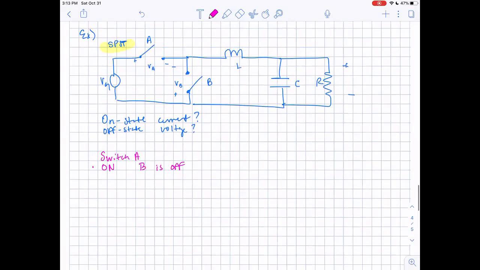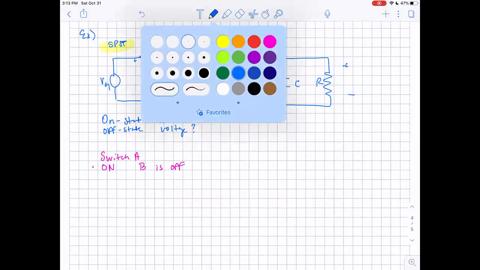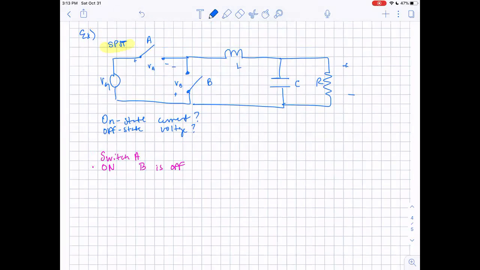From analyzing a buck converter circuit, or normal 201 circuit analysis, when we turn B off, we know that the current that switch A is conducting is the inductor current. When B is off, this is open and the switch is conducting the same current as IL. So we know that IA equals IL.